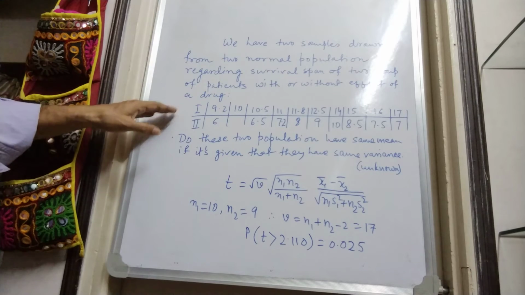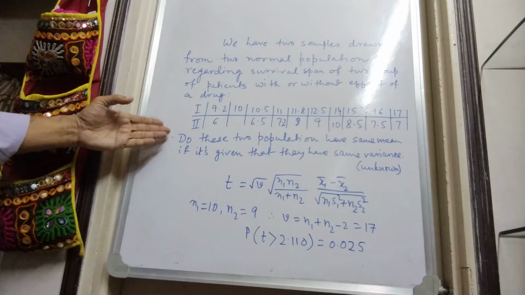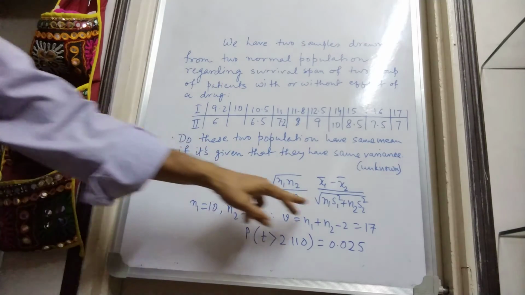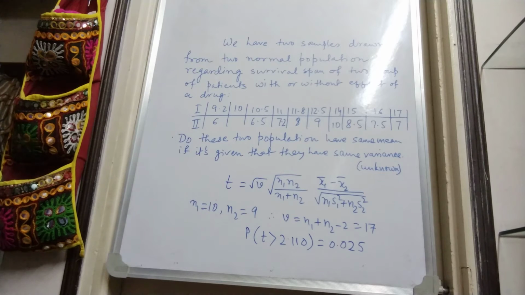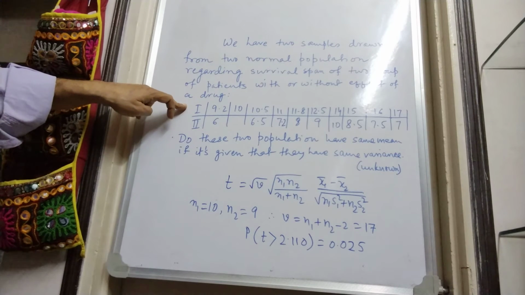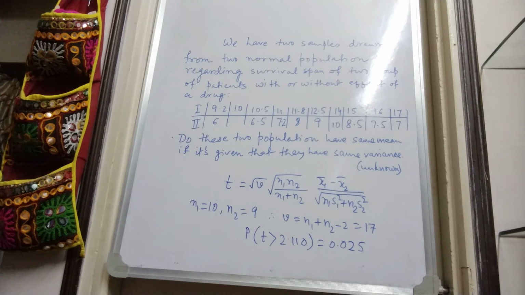And in set 2 the corresponding values are given as 6, 6.5, 7.2, 8, 9, 10, 8.5, 7.5 and 7. So, you can easily calculate x1 bar and x2 bar, s1 square and s2 square with regard to these two groups. x1 bar represents the mean of this, x2 bar this, and s1 square, s2 square correspondingly. It is a very easy task, I am not elaborating on it.